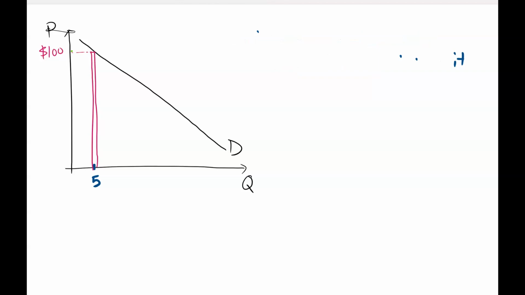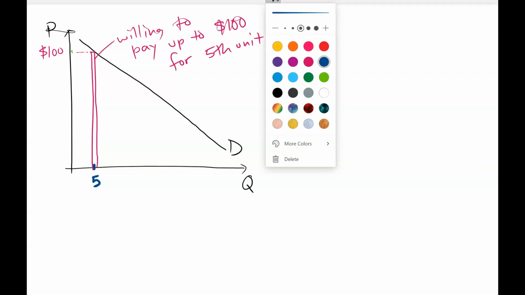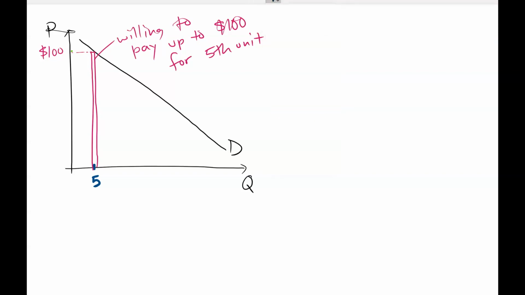Okay. So let's write that down. They're willing to pay up to $100 for the fifth unit. And we also could say that, if we assume people are rational, then this willingness to pay is also going to be related to the perceived benefit that the consumer gets.